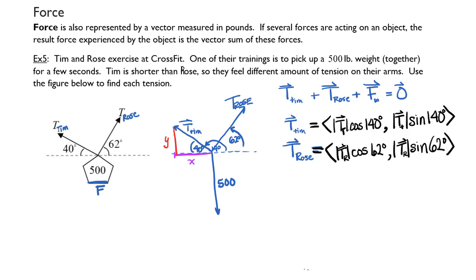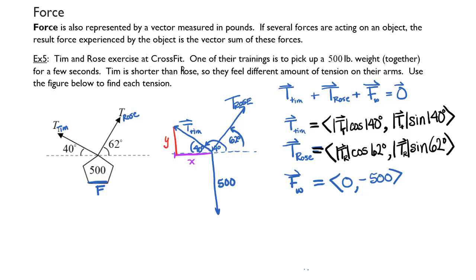Now remember, the magnitude of the vector scales the distance we're going in the x direction and the y direction. Lastly, we have the force of the weight as a vector, which is 0 in the x direction and downwards 500. So we give it a negative 500.